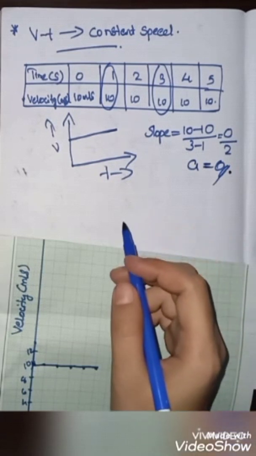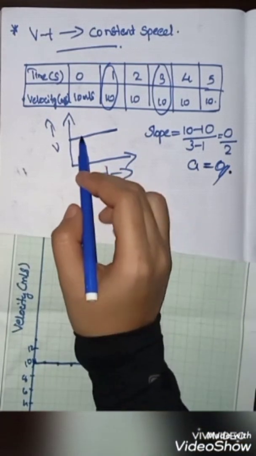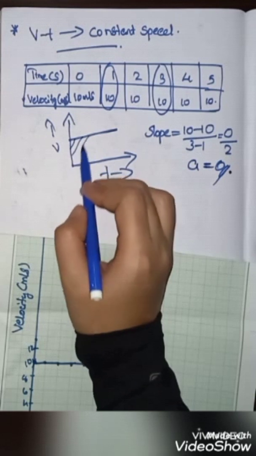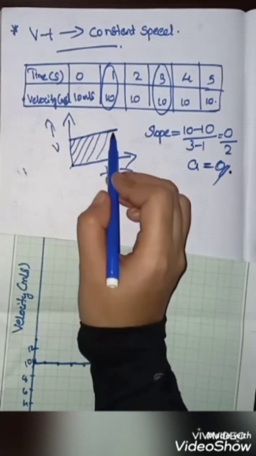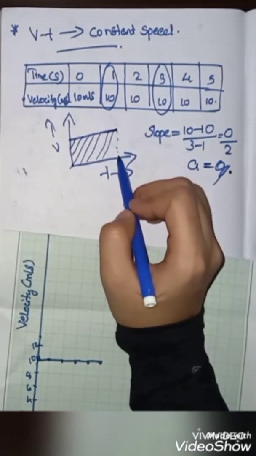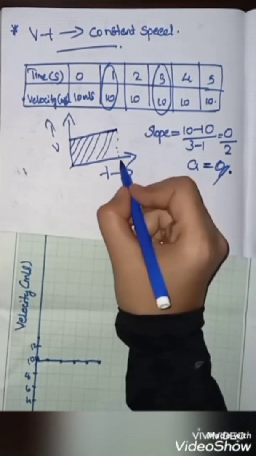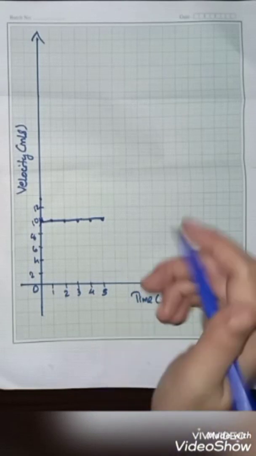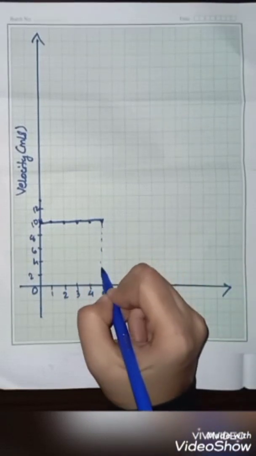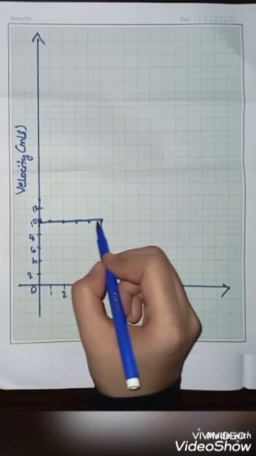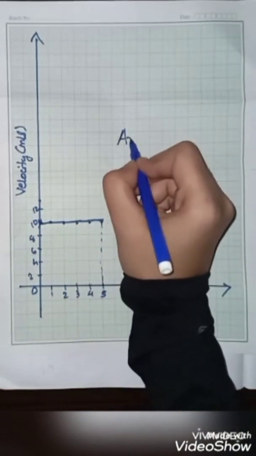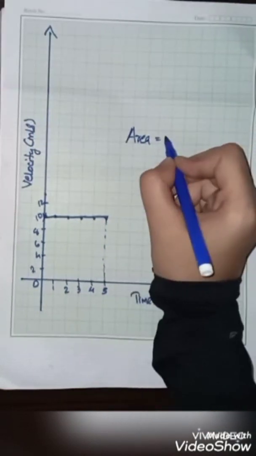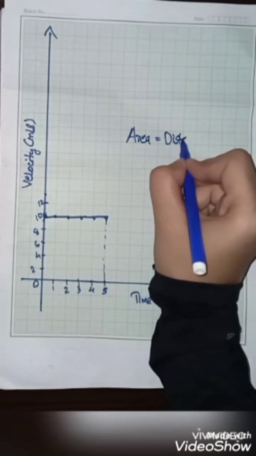Then what will be the area of this graph? It represents a rectangle. Then what will be the distance of this graph? The area under this graph gives the distance.